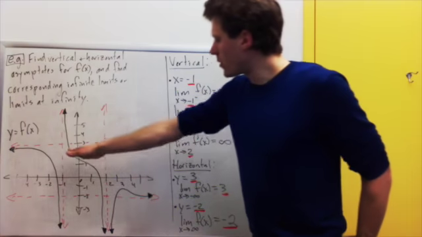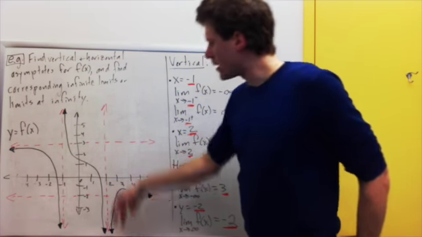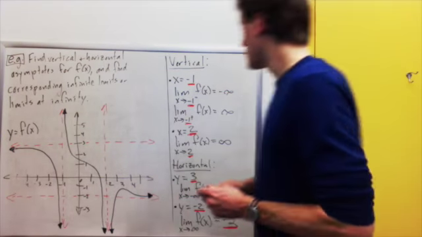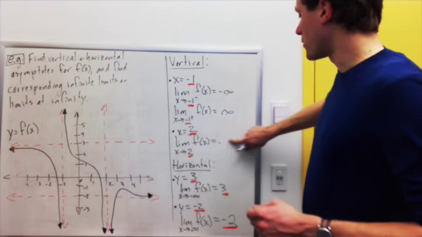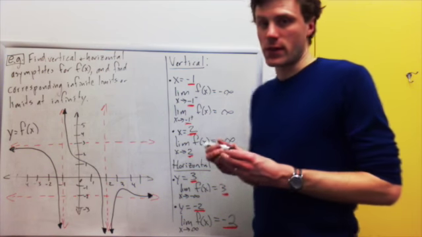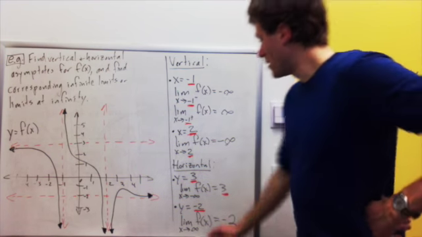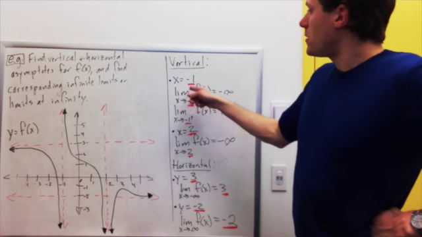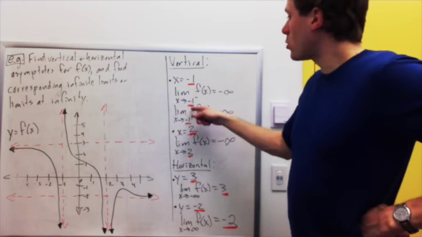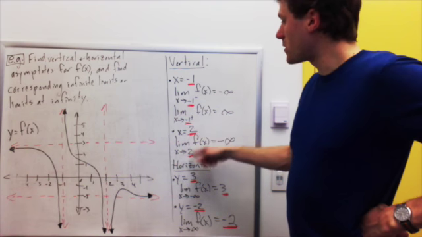At 2, whether I approach from the left or from the right, I'm going down, so that means that the limit as x approaches 2 of f of x is negative infinity.